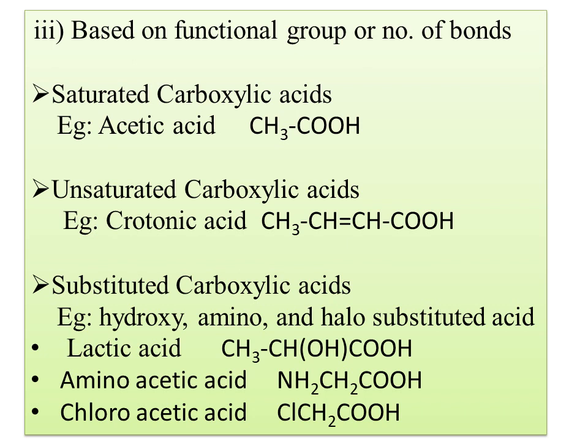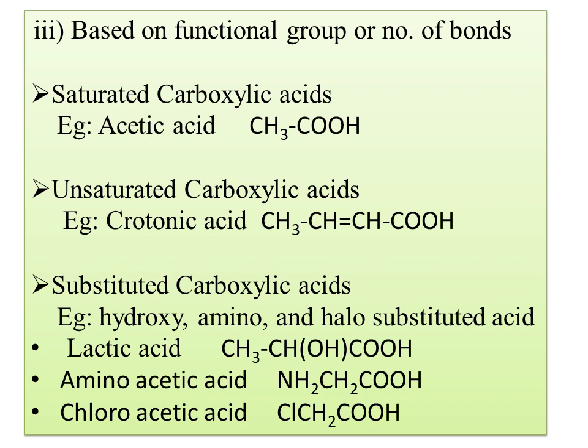In saturated carboxylic acid, there is no carbon-carbon double bond. An example is acetic acid. In unsaturated carboxylic acid, there is a carbon-carbon double bond. An example is crotonic acid.